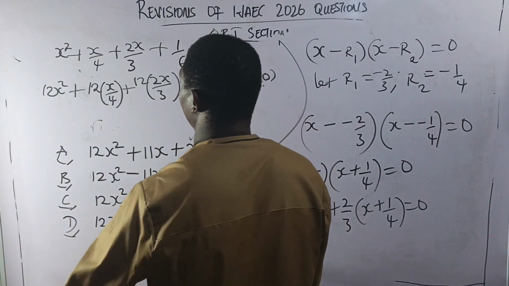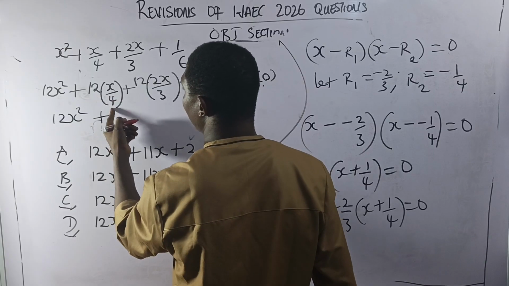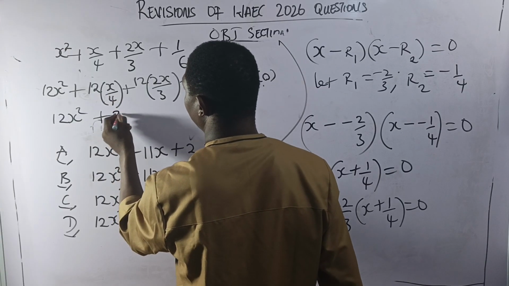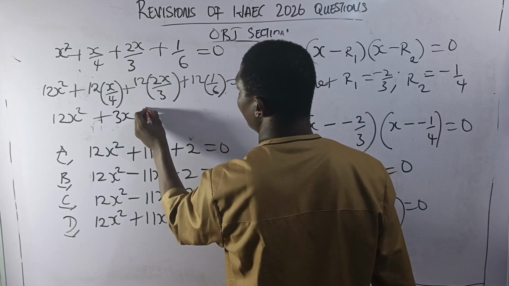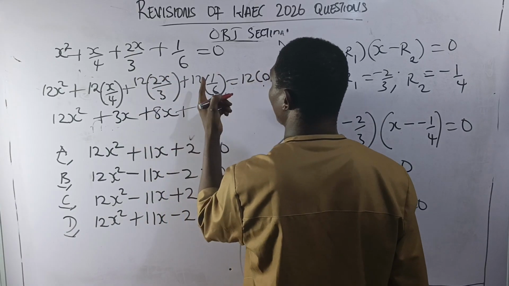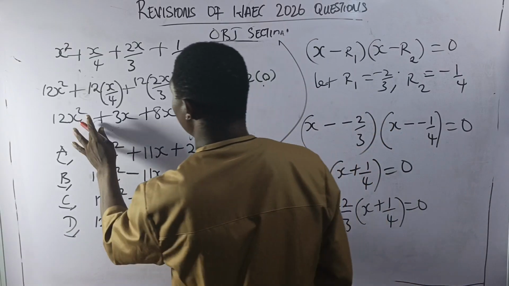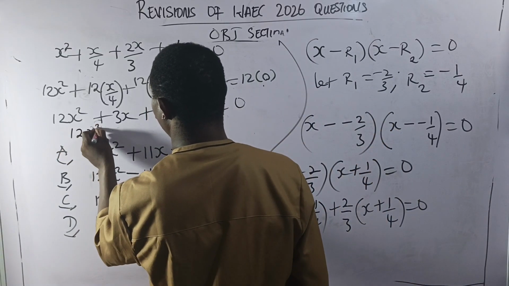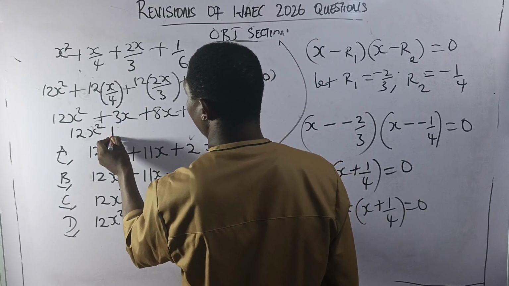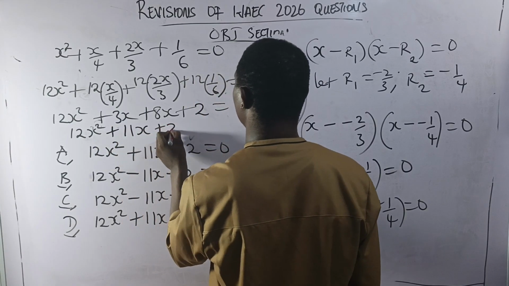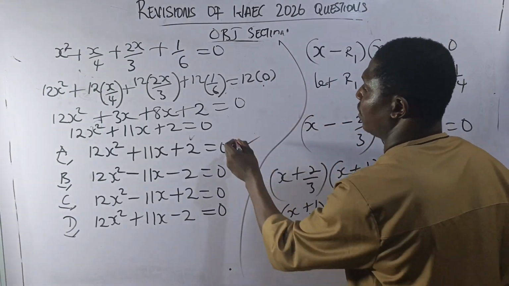And this will give me 12x squared plus 12 divided by 4 is 3, 3 times x, 3x. 12 divided by 3 is 4, 4 times 2x will give me 8x, plus 12 divided by 6 is 2, 2 times 1, 2 equal to 0. And this will give me 12x squared plus 3 plus 8 will give me plus 11x plus 2 equal to 0. So I have 12x squared plus 11x plus 2 equal to 0, which is my answer.